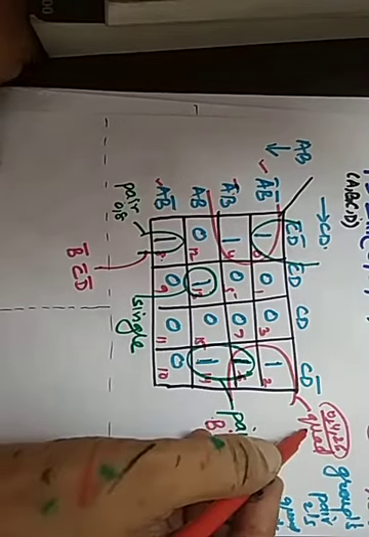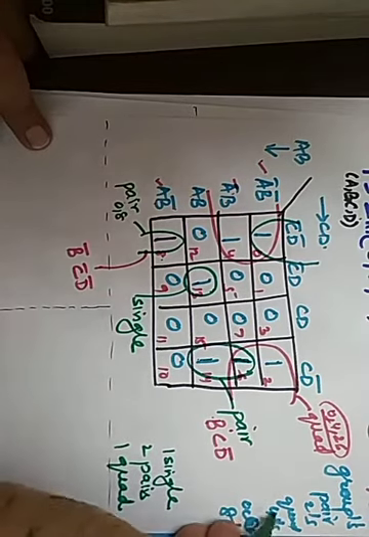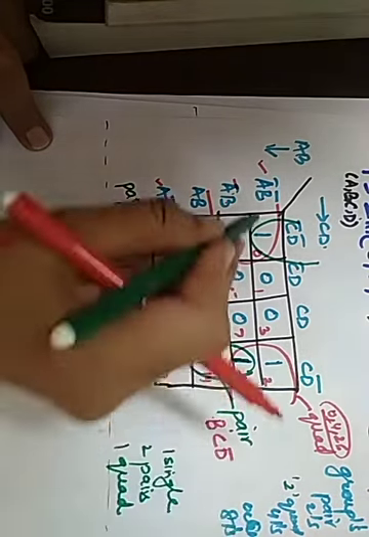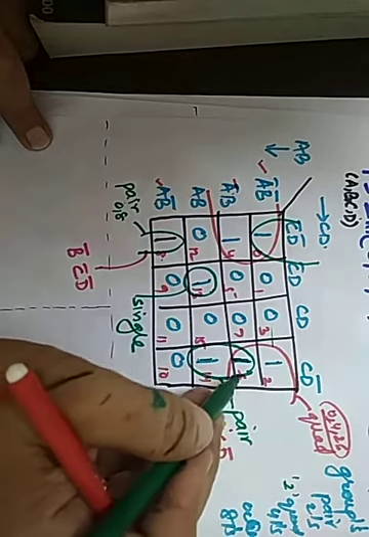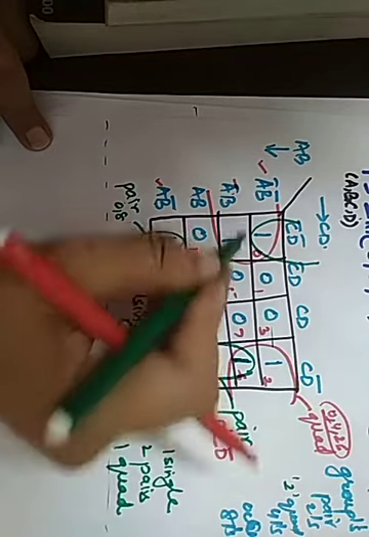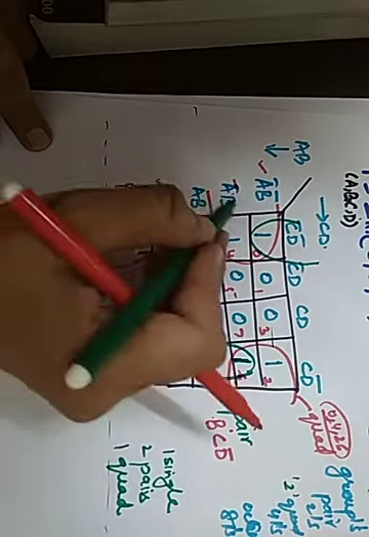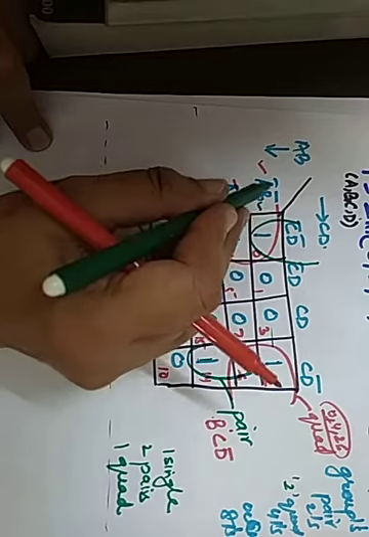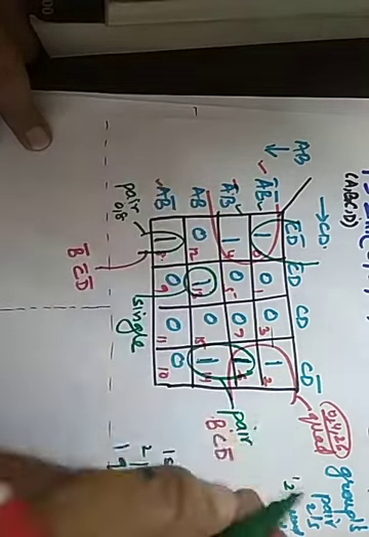Now let's see the value of this quad. We remember that a quad eliminates two variables. For this quad of 2, 6, 0, 4, the rows are these two. From the rows, the common is A bar and B is eliminated, so you're left with A bar.